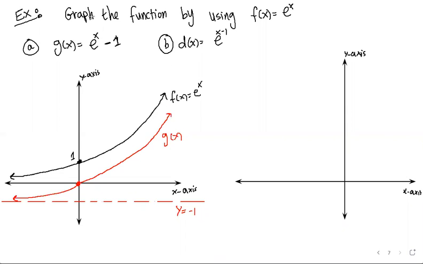Who will do the second one? Or give me the idea for the second one. Everything here shifts 1 unit down. The second one is e to the x minus 1 in the power.